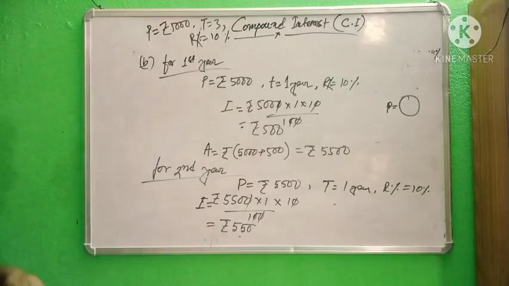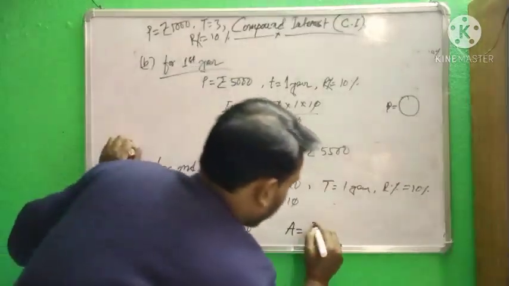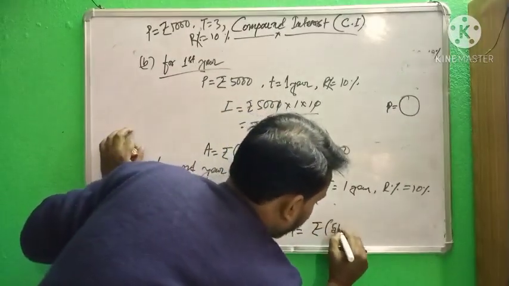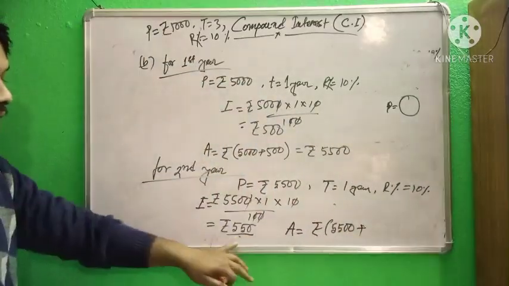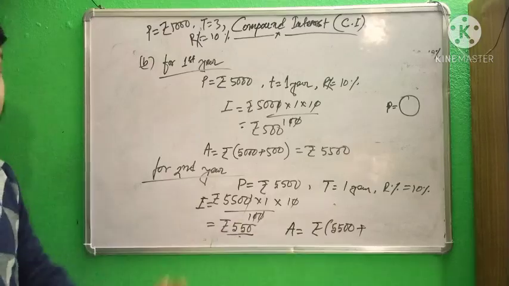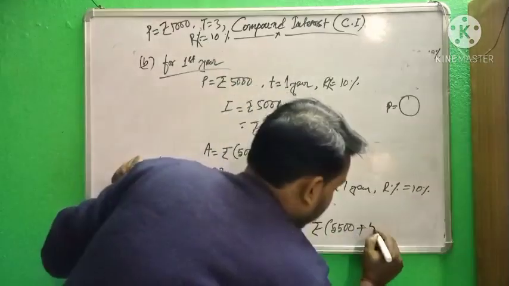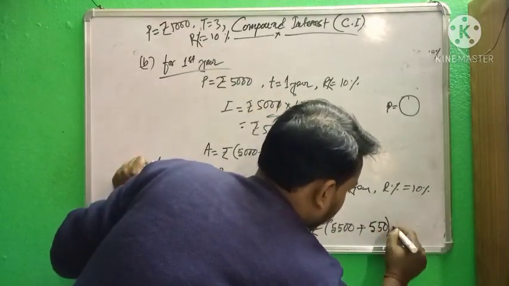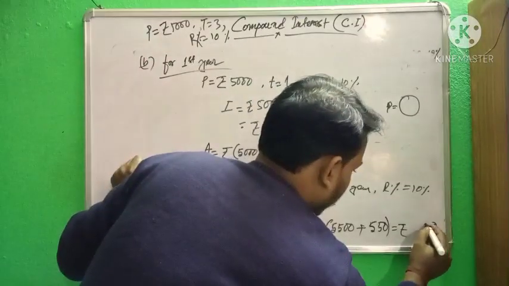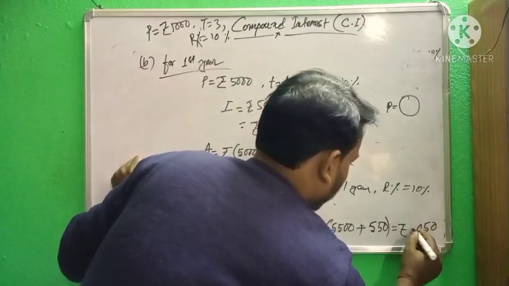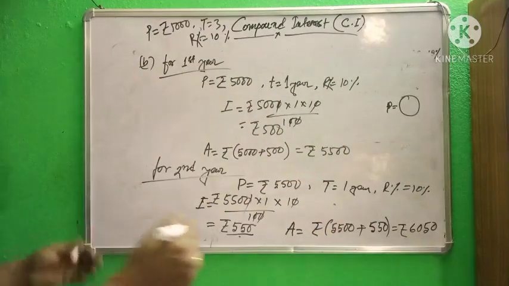So at the end of the second year, the amount is the previous amount 5500 plus 550 as interest in CI, so it becomes rupees 6050.